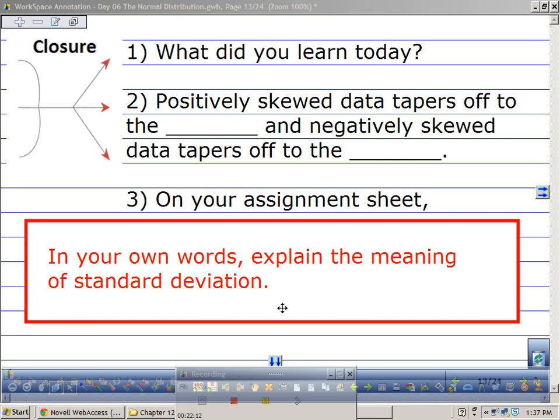Positively skewed data tapers off to the right, and negatively skewed data tapers off to the left. On your assignment sheet, in your own words, explain the meaning of standard deviation.